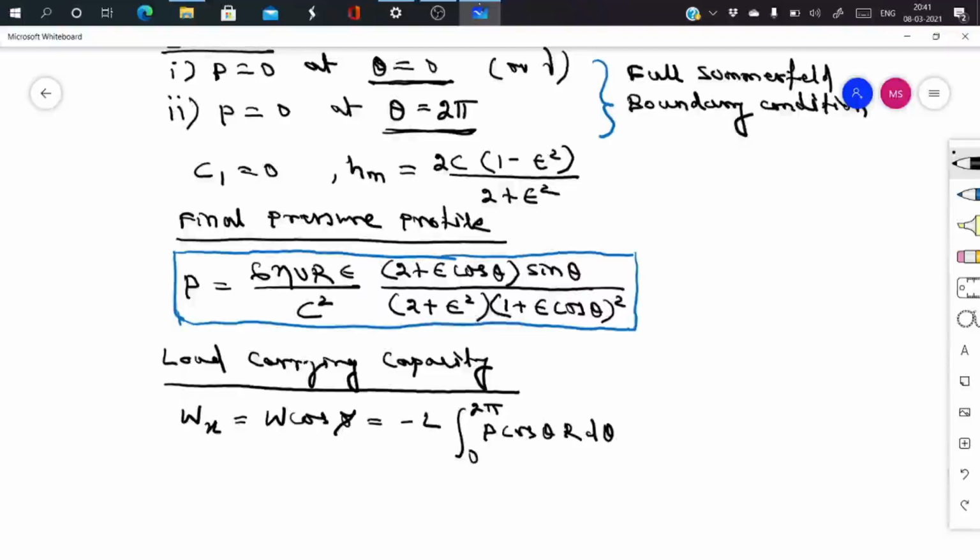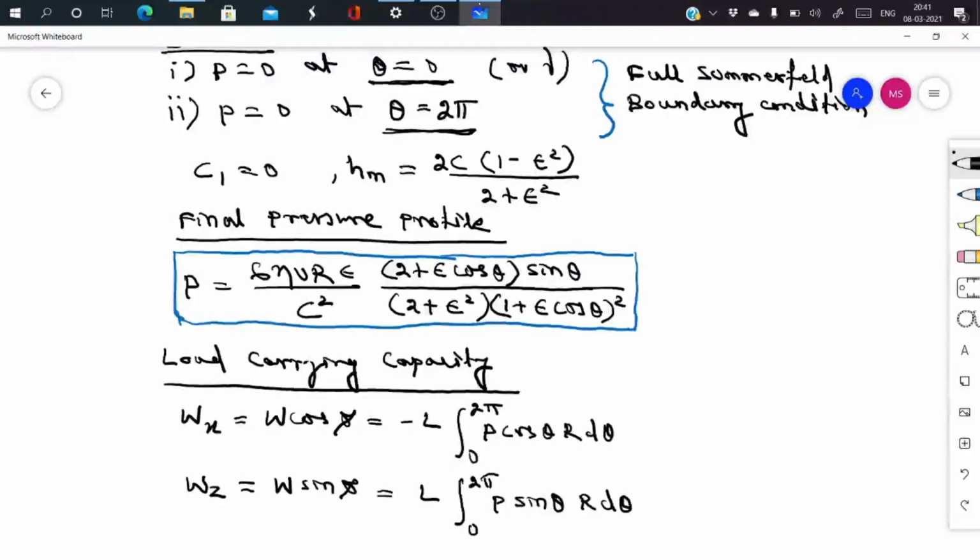Similarly, Wz equal to W sin phi equal to L integral 0 to 2 pi p sin theta r d theta. Okay, so the two components of the load you can find out using these integrations.